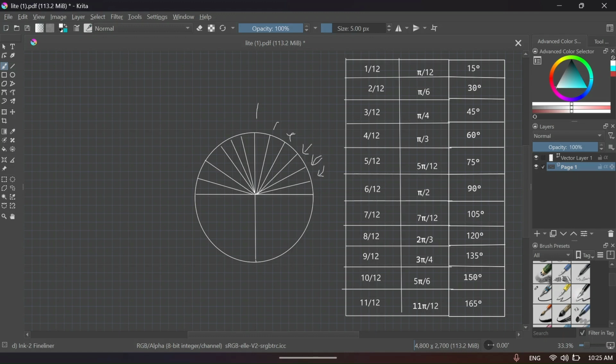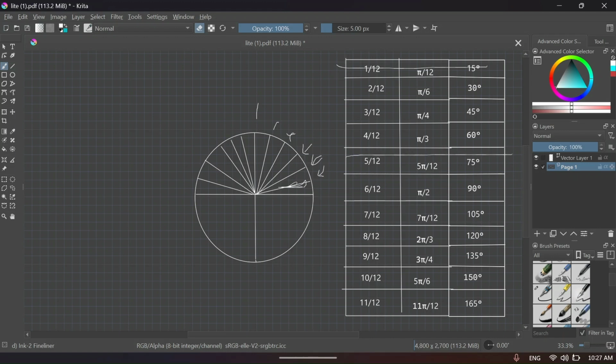You can keep on doing this until you reach pi. I didn't include pi because that's 12 out of 12, pi, or 180 degrees. As long as you do it with pencil, you can feel free to just erase this. You erase that, you end up with, let's say we ignore that.